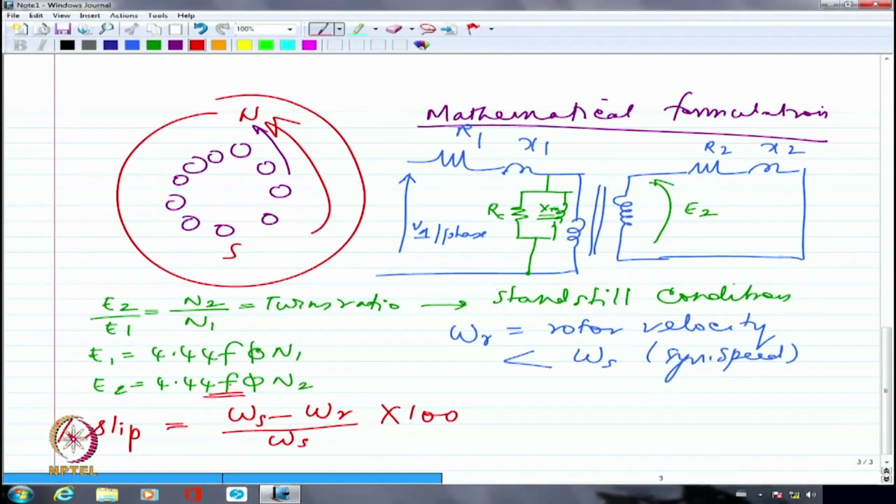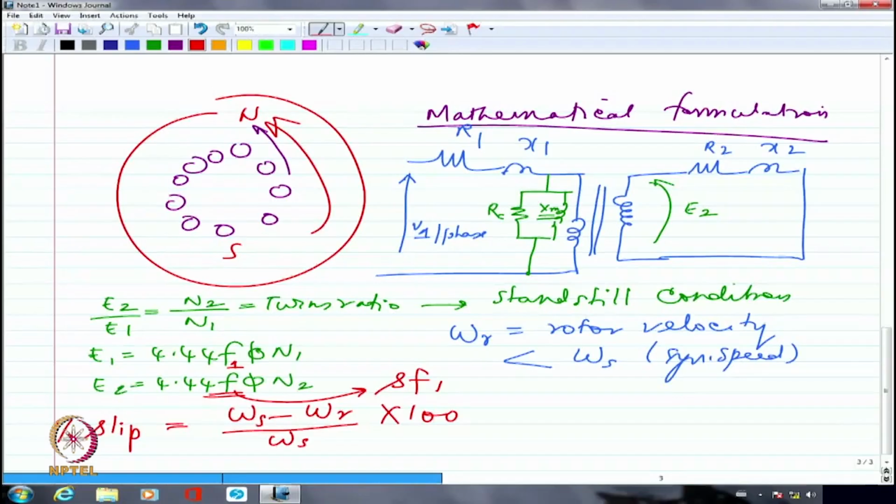Originally the relative velocity corresponded to F1, if I may call the stator frequency F1. Now if the relative velocity has declined, this will correspond to S times F1, because S is indicative of the difference between the revolving magnetic field speed and the rotor speed.